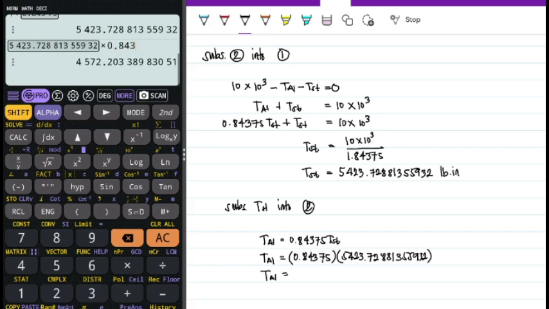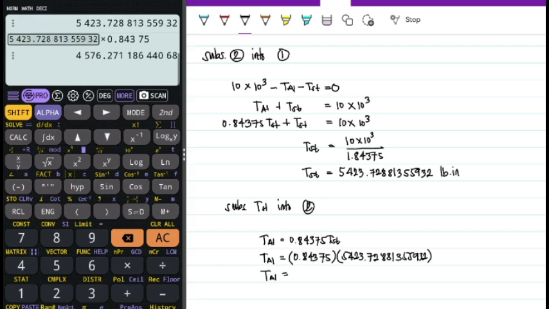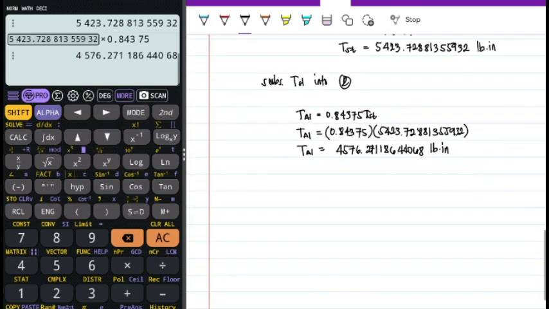Okay, so the torque at AL is 4,576.27118644068 pound-inch. However, we are asked to solve for the maximum shear.